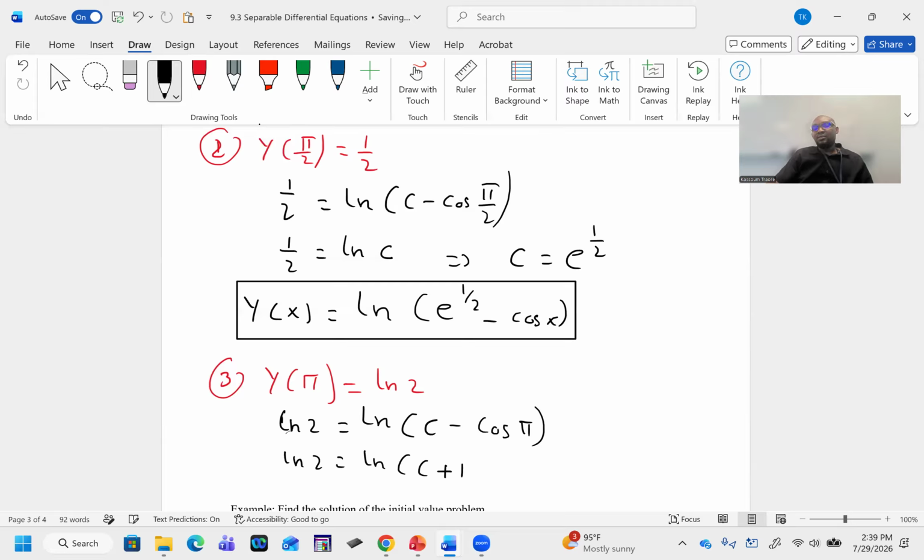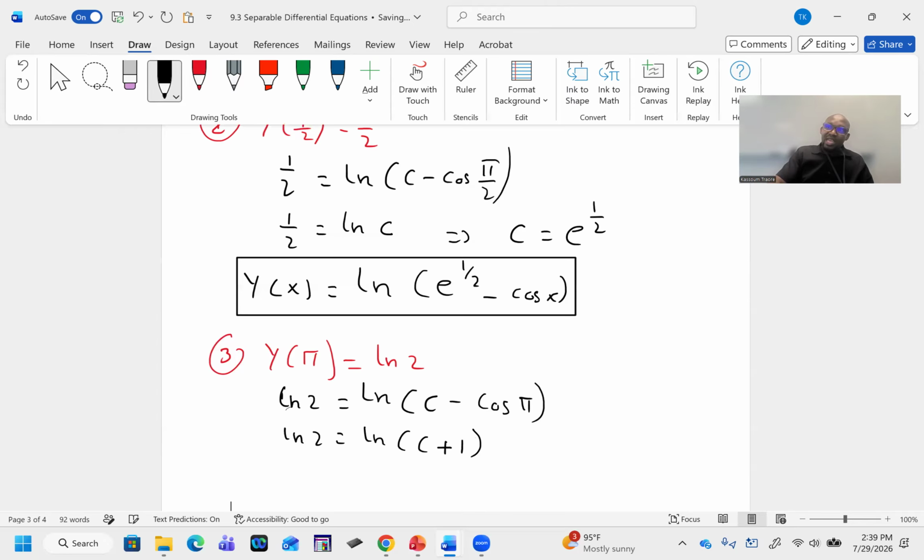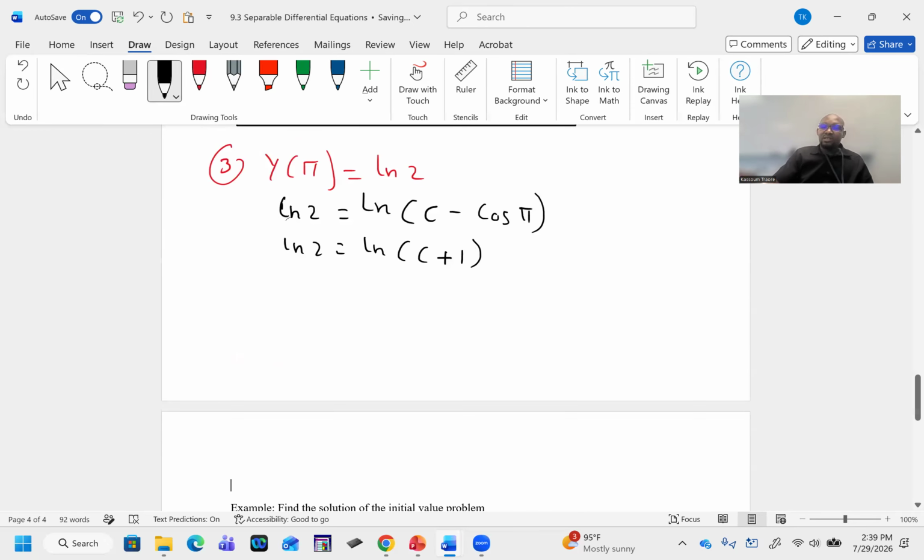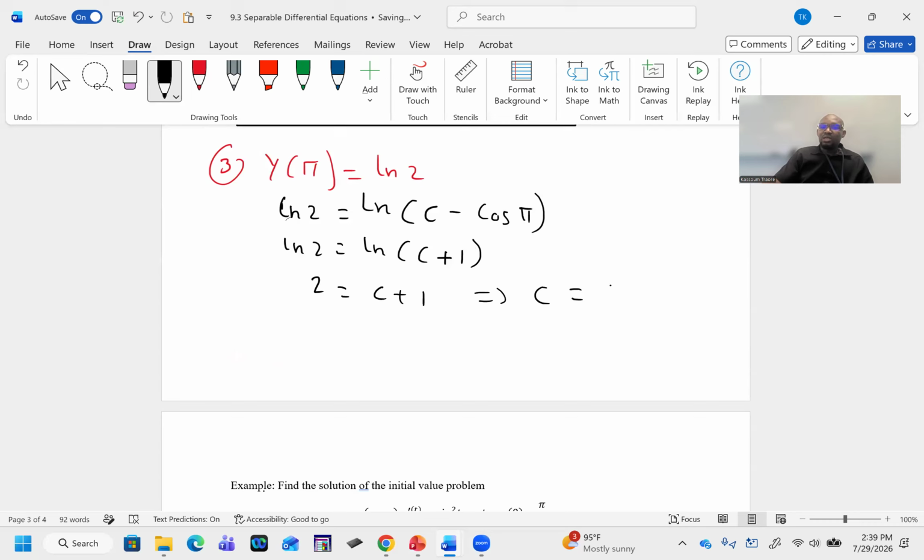So ln of c plus 1, which will give me what? ln and ln will cancel out. So this means 2 will be equal to c plus 1, which means c will be equal to 1.